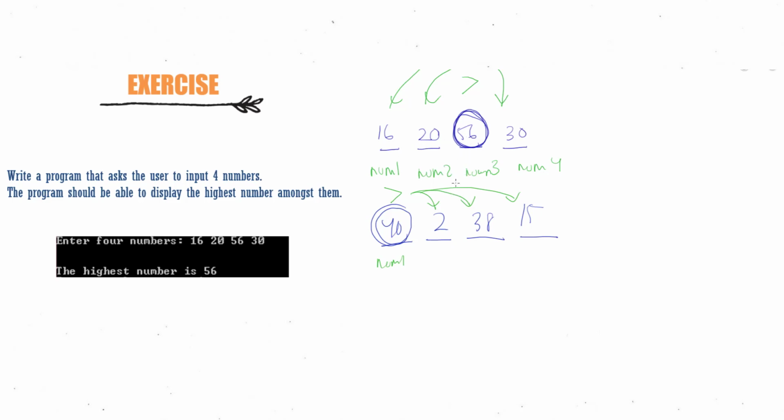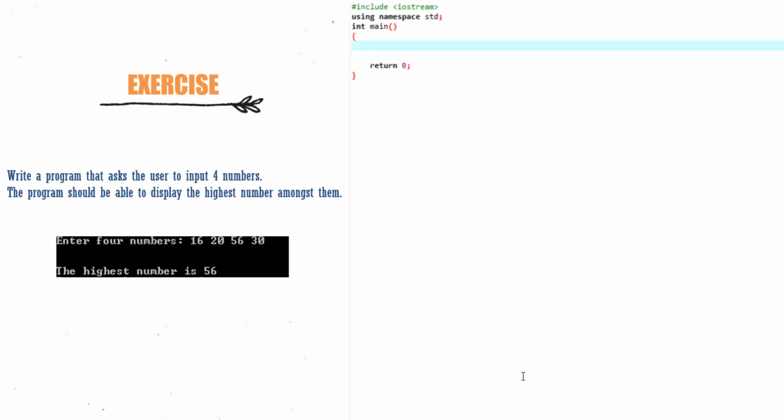Let's try and do a program for this. We know that we need 4 inputs, right? So maybe we can prompt the user first: enter 4 numbers. Then after that we can ask the user to input the 4 numbers.